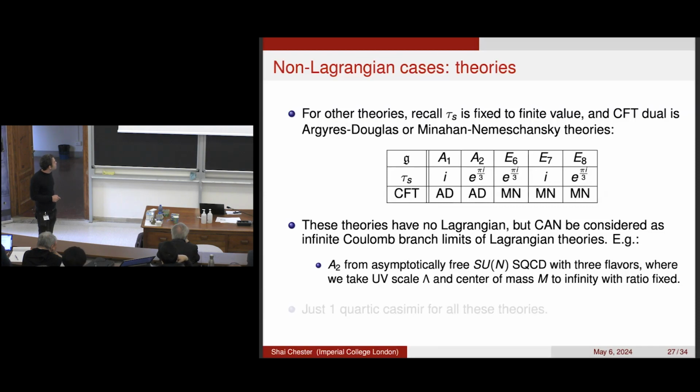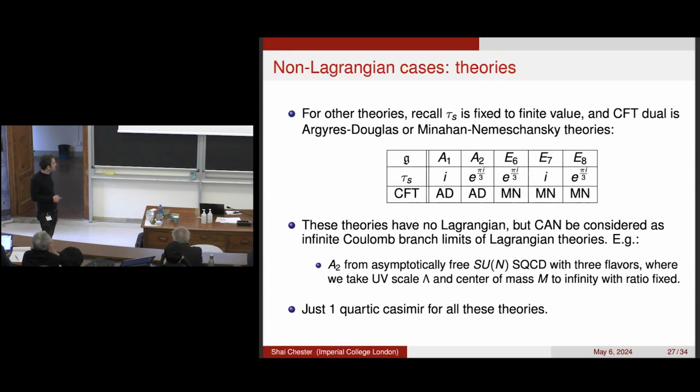Then you take the limit where you take your UV scale lambda and the center of mass of the masses of these 3 flavors and make them go to infinity with some fixed ratio. In that limit, which is an infinite Coulomb branch limit, you flow to a non-trivial CFT, which is this Argyres-Douglas theory. This is why it has SU(3) symmetry, because there are 3 flavors. There's a similar construction for A1, which has SU(2) symmetry, starting with 2 flavors.